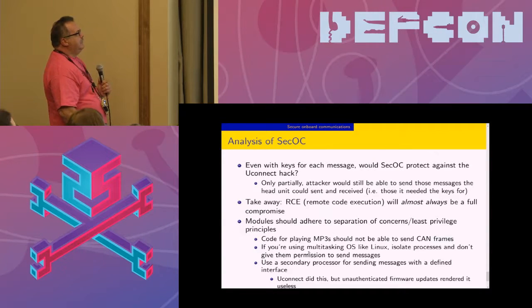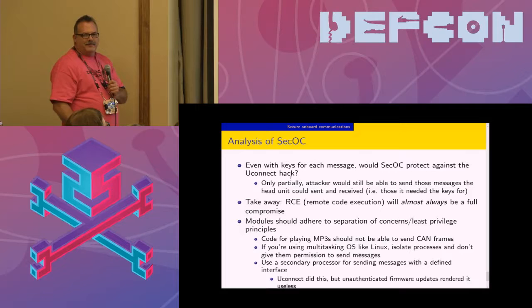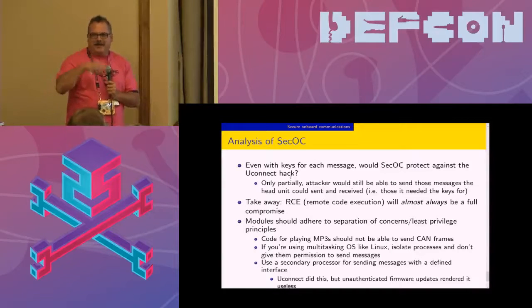So, how about this? Even if we had keys for each message, would the secure onboard communication protect against a Uconnect hack? Interesting. Well, you have to remember, they own that head unit, 100%. It's already got everything there, so you can still send stuff out.